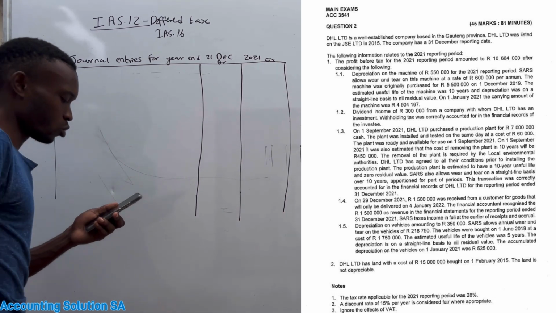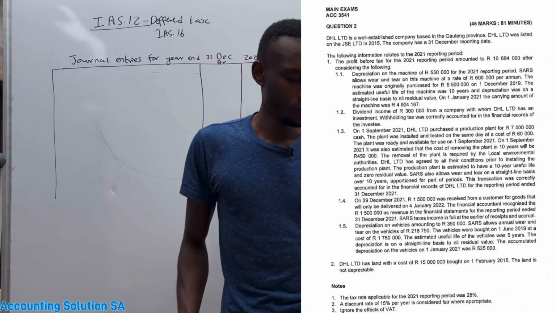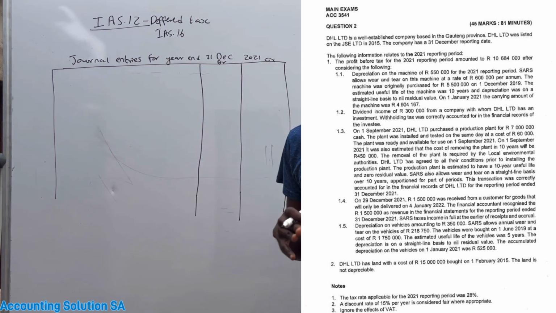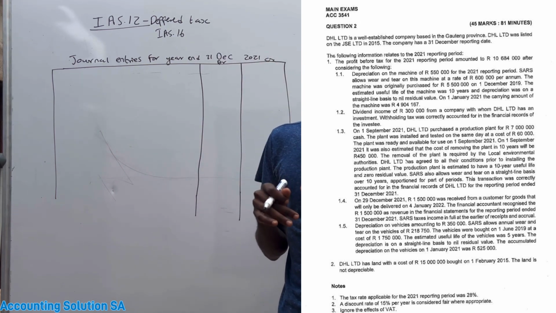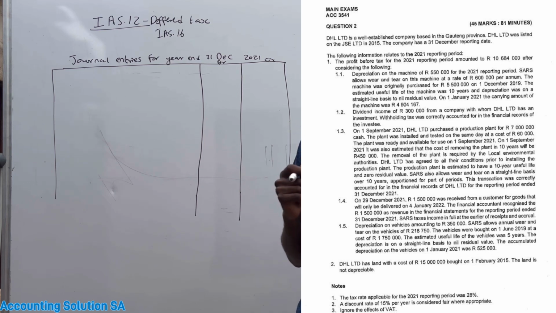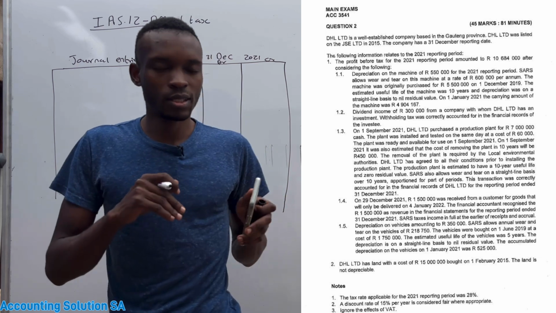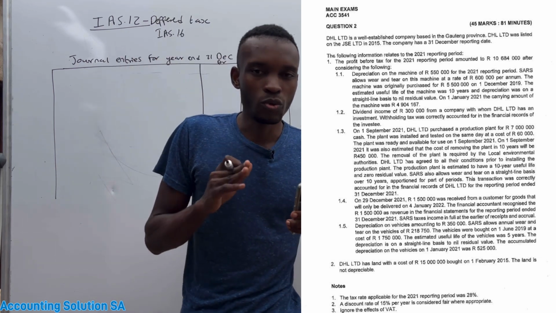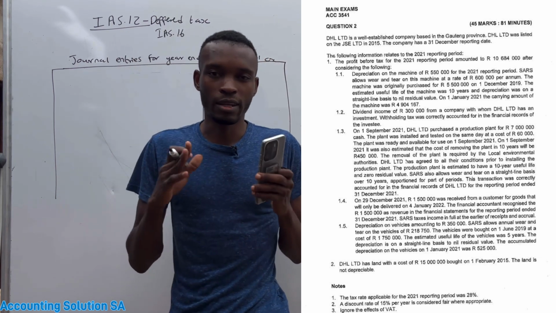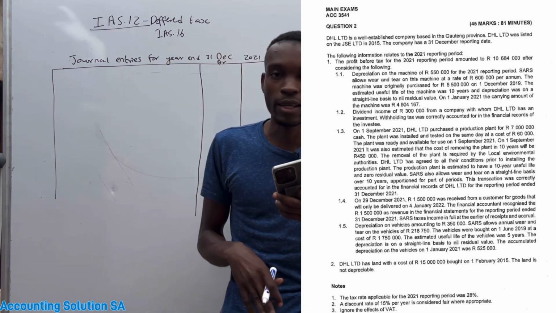Yes, now let's continue. They said our depreciation is 550 and the SARS allows wear and tear on this machine at a rate of 600,000 per annum. Once you see this kind of transaction, guys, obviously you know that you are going to deal with deferred tax, or the implication of IAS 12.